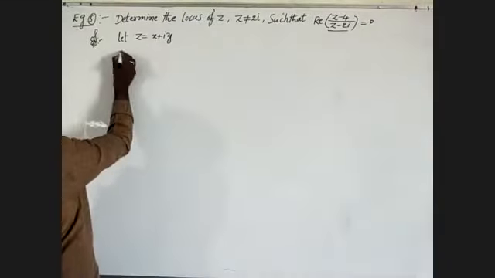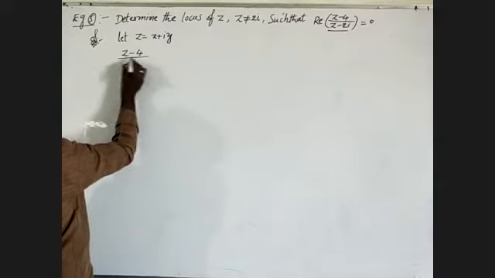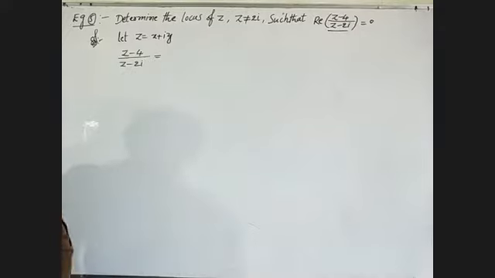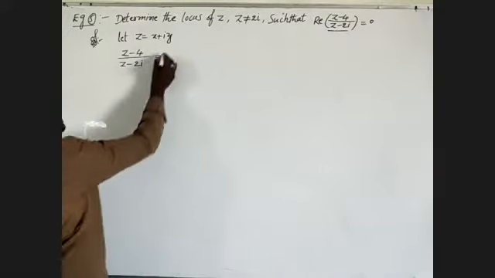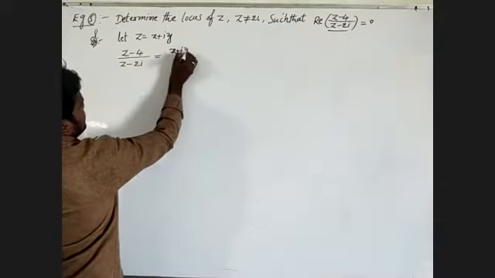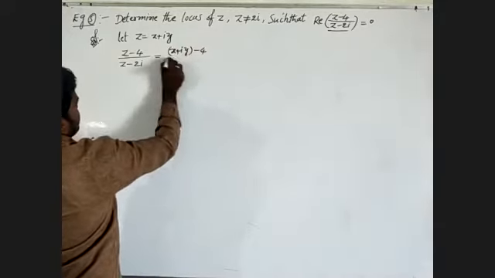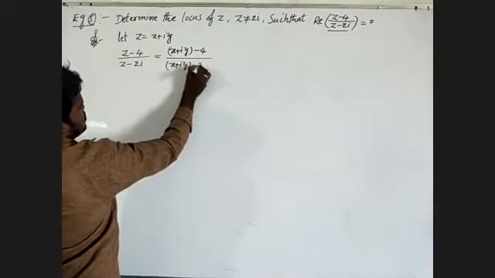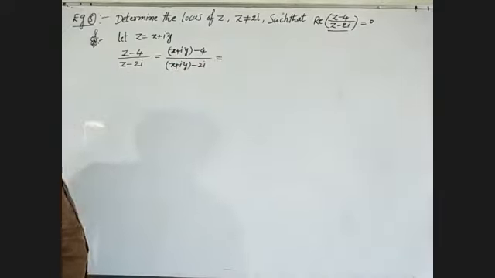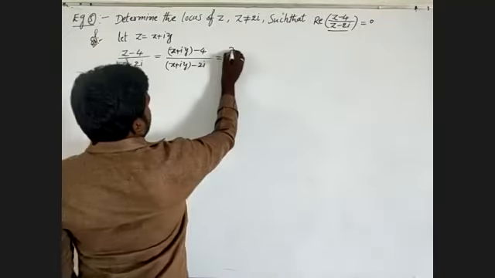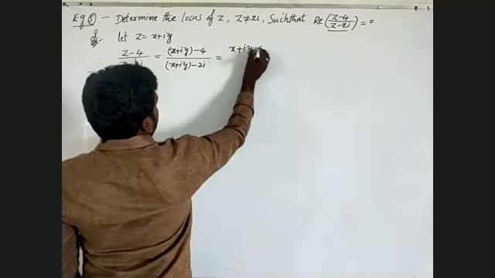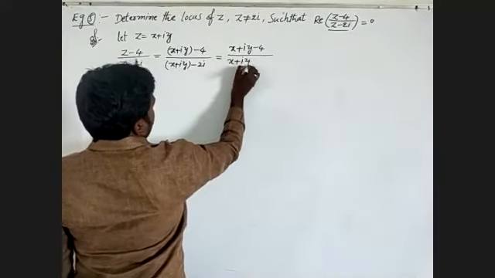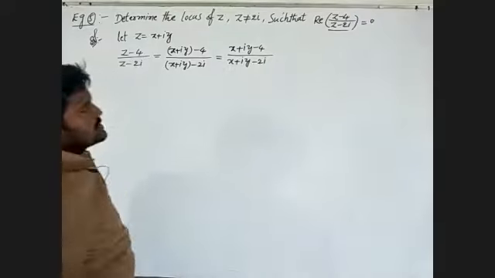I will write (Z minus 4) by (Z minus 2i) is equal to (x plus iy minus 4) by (x plus iy minus 2i). We have to expand this.